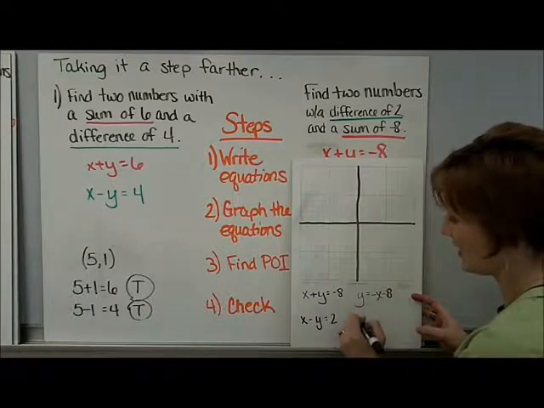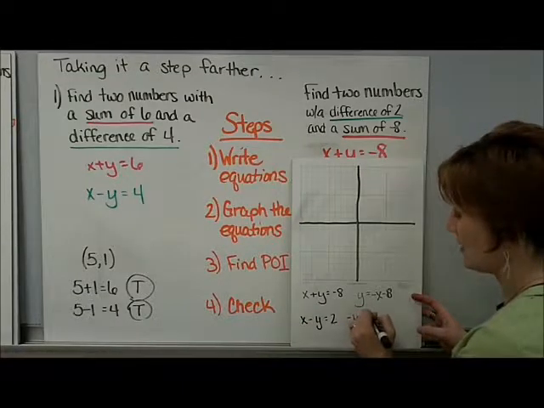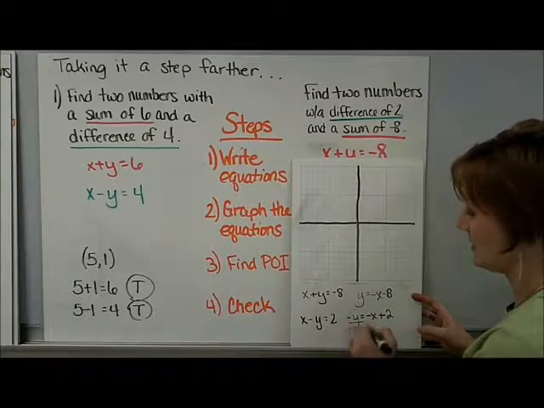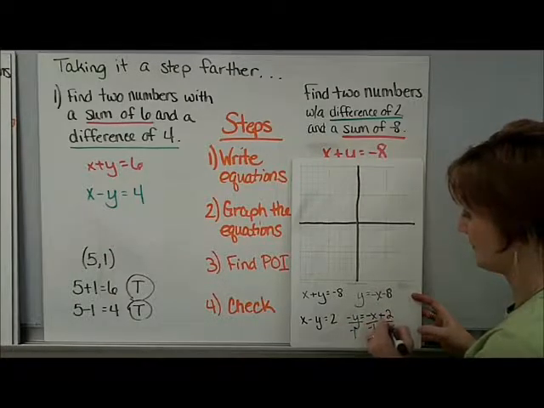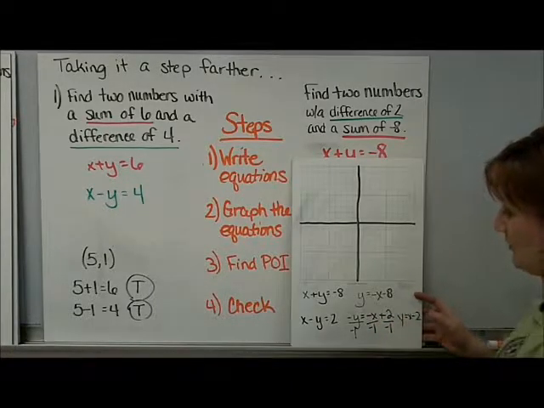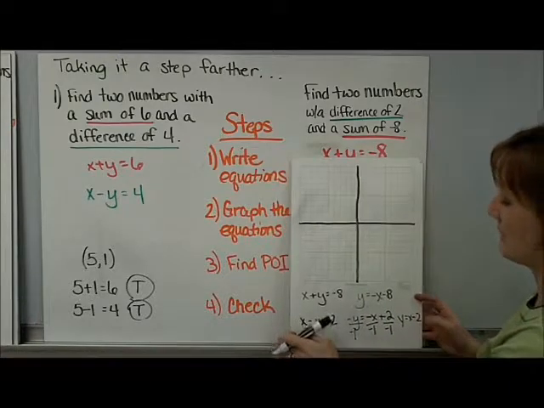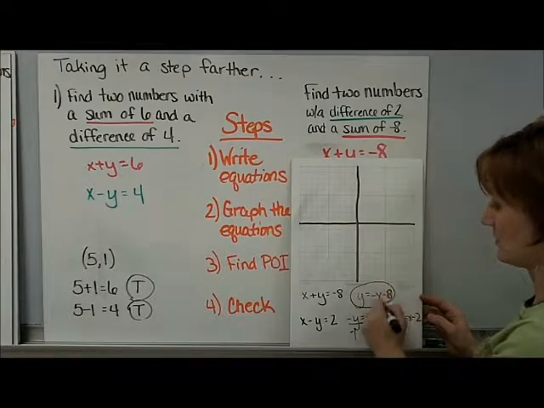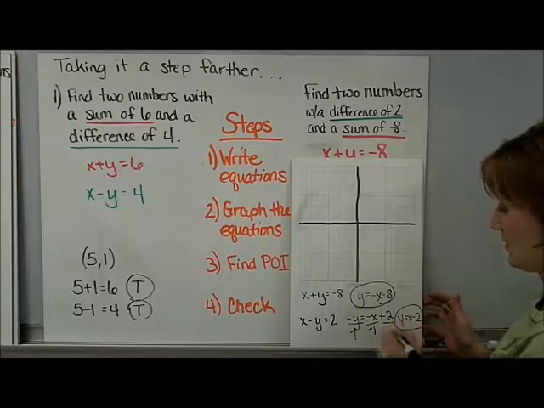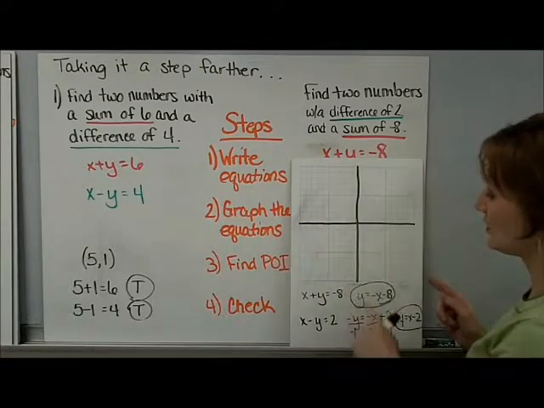If we take the x over to this side, we end up with minus y equals minus x plus 2. Divide each one by -1 to get rid of that -1 out in front, and you end up with y equals x minus 2. So the two lines we're going to graph on here are y equals minus x minus 8 and y equals x minus 2.